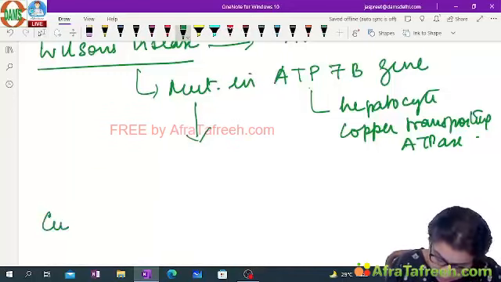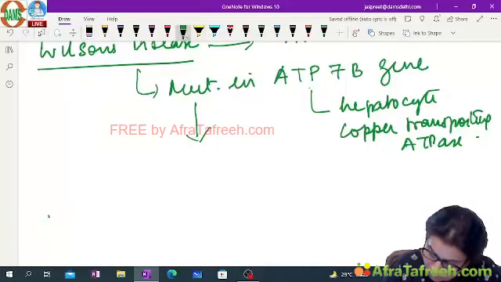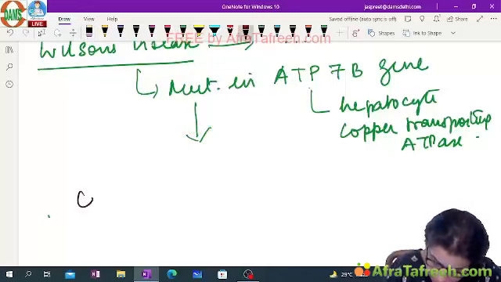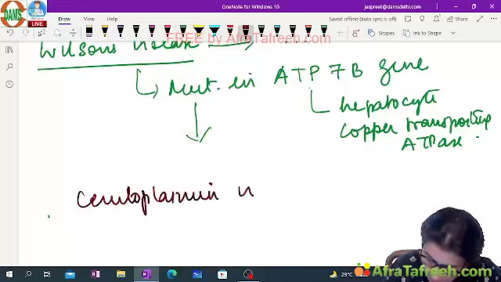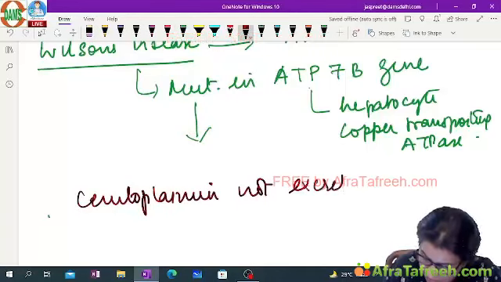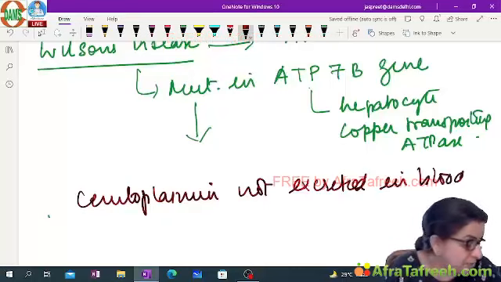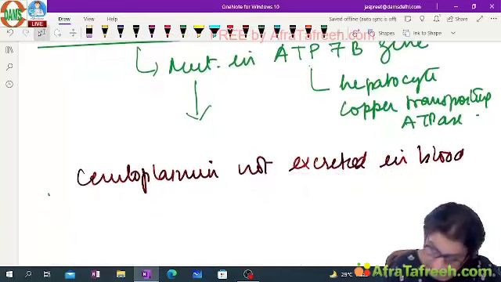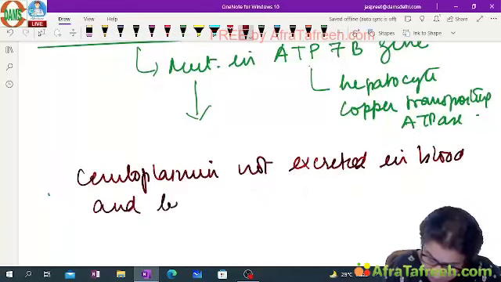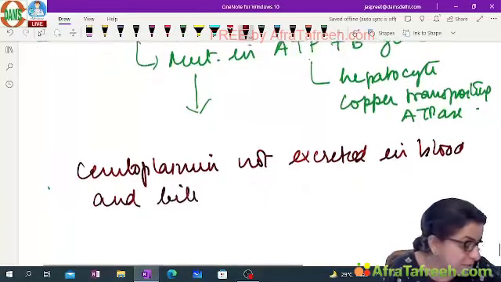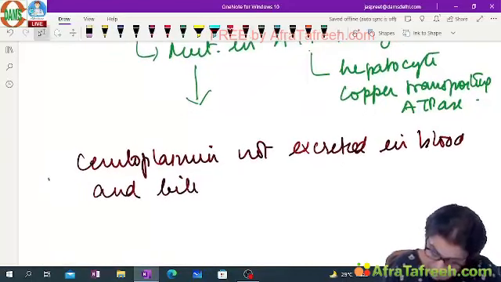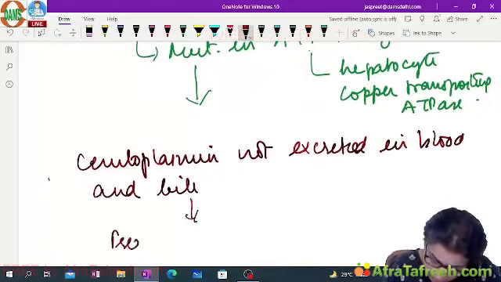Because of this mutation in ATP7B, ceruloplasmin is markedly reduced in the blood and bile. And free copper.